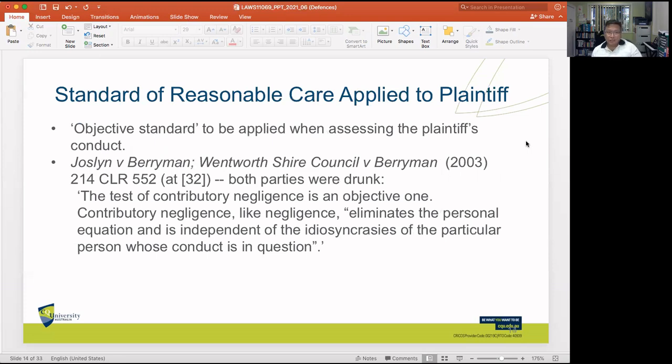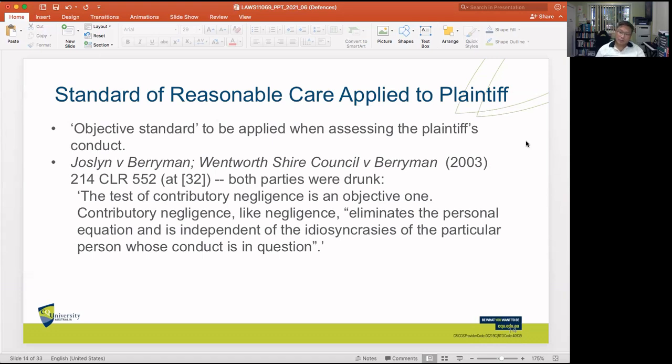Now, what kind of standard should be applied? As we initially said, it is an objective standard to be applied when assessing the plaintiff's conduct. So it is not a subjective standard which looks at the peculiar characteristics or idiosyncrasies of a particular plaintiff. The standard has got to be objective.